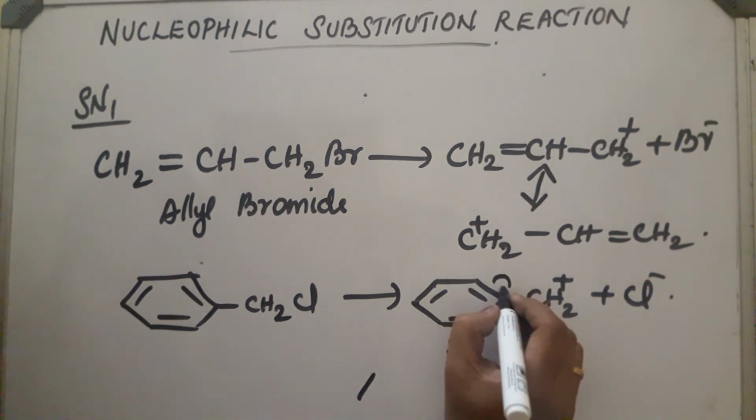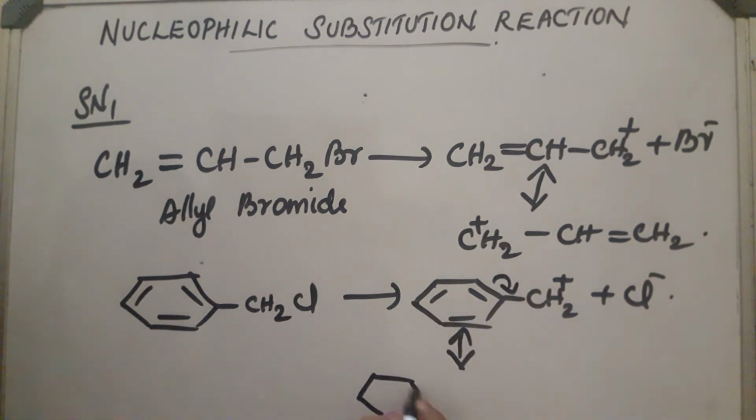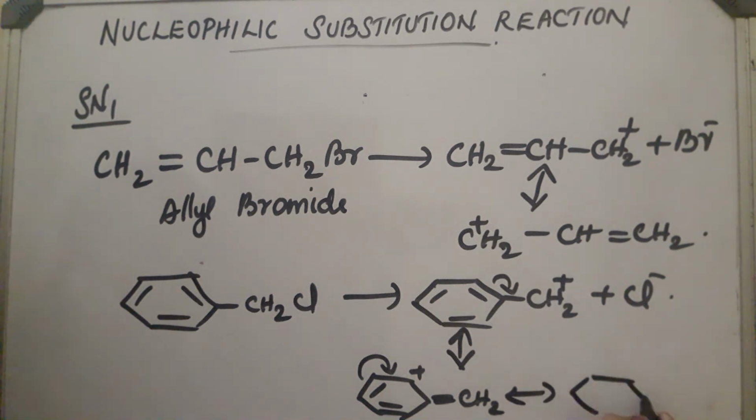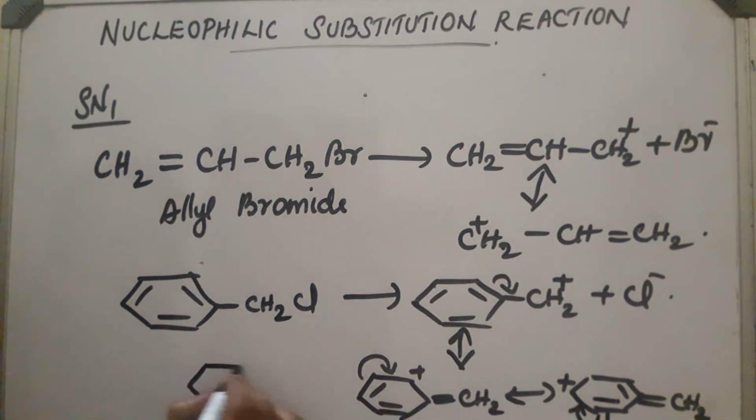Here, the plus charge and double bond, CH2. Now here it moves, then the structure will be like this, CH2 plus. One more structure is possible, where the double bond will move here.